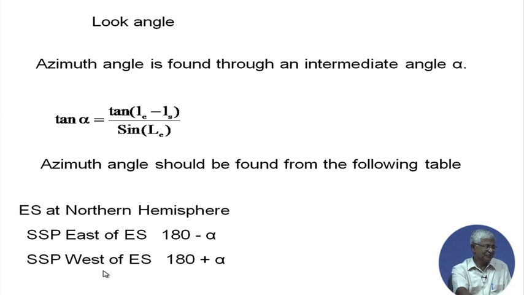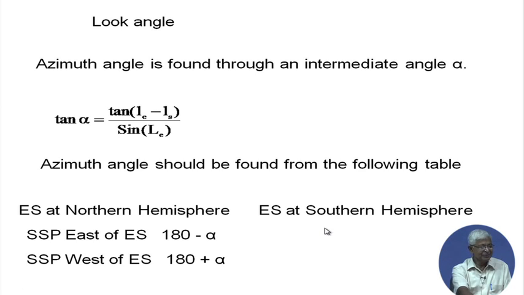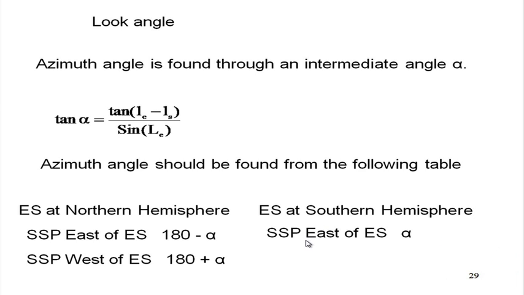If the sub-satellite point is west of the earth station, it is 180 plus alpha. If it is the southern hemisphere, and the sub-satellite point is east of the earth station, it is alpha, and if the sub-satellite point is west of the earth station, it is 360 minus alpha. This table has to be remembered because geometrically it can be explained.